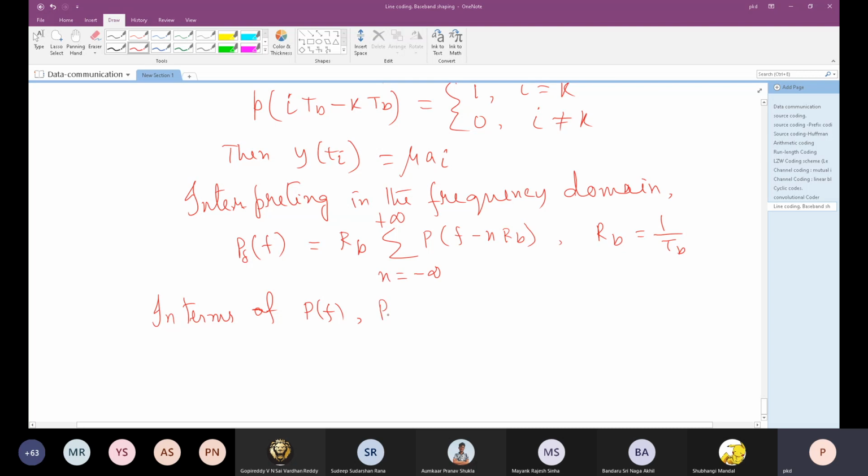P delta(f) is the Fourier transform of the sampled values of p(t). So P(f) is the Fourier transform of p(t), whereas P delta(f) is the Fourier transform of the sampled version of p(t).